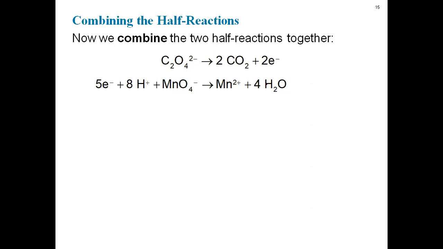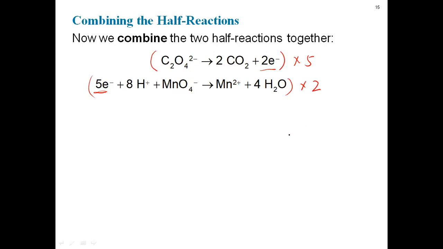In this oxidation reaction, you have 2 electrons. In this one, you have 5 electrons. To make the 2 half reactions have the same number of electrons, usually you will find the common number. So for this question, you will take this equation times 5, and this equation times 2.